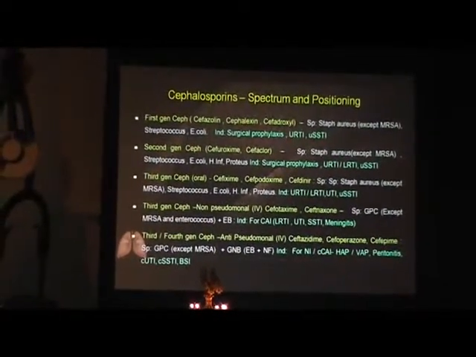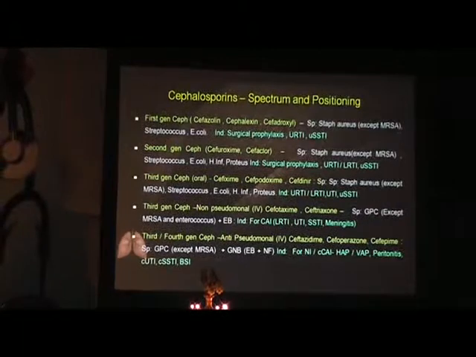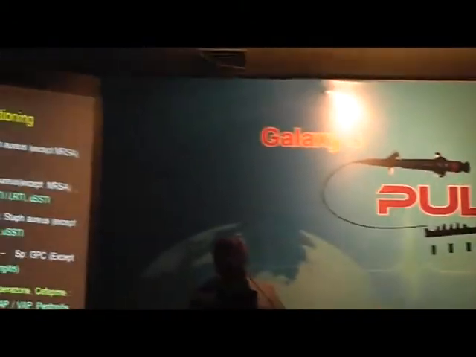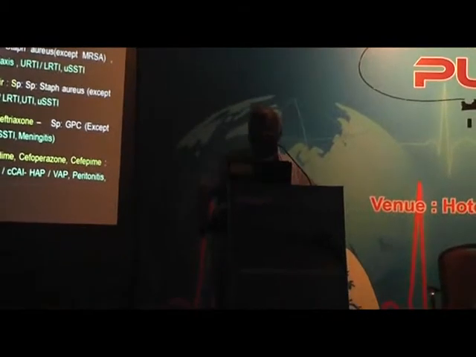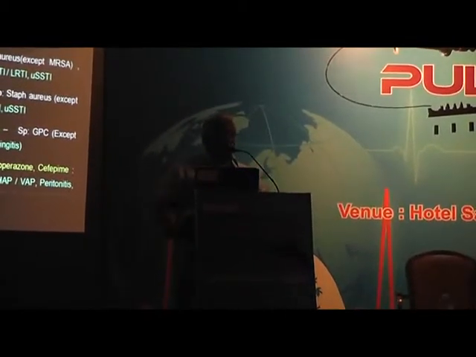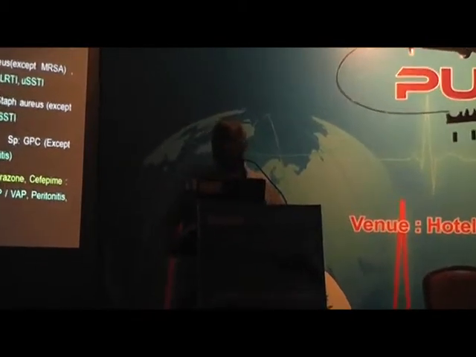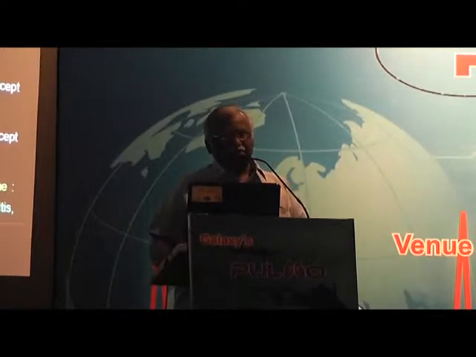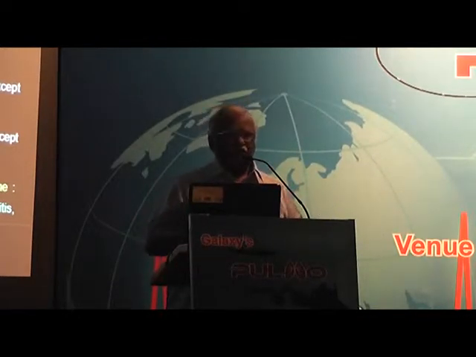With clavulanic acid, you have every drug combined with clavulanic acid today. It's like a statin, for example. Yesterday somebody was asking me about montelukast and levocetirizine. I said tomorrow you'll get a combination of montelukast with atorvastatin. That's the type of country that we live in, and we need to put up with all these things. So I think it's important for us to understand that we have far too many drugs.